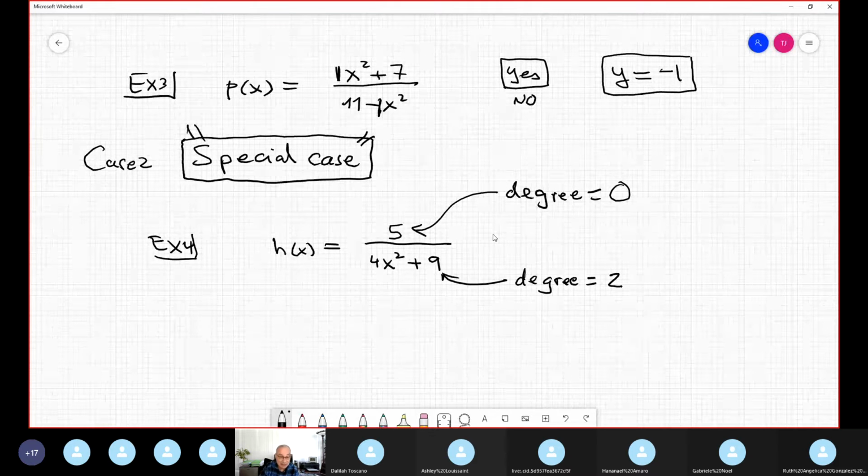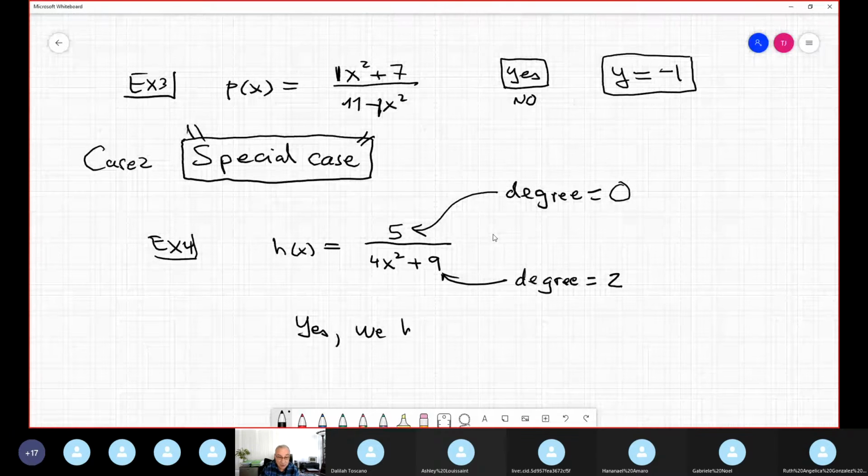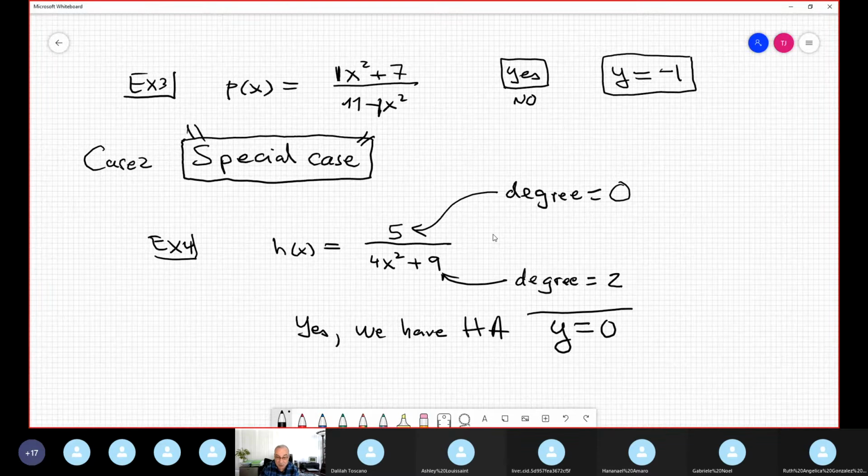In the special case, the answer is yes. We have a horizontal asymptote, but always at y equals 0. The reason is clear: the polynomial in the bottom is increasing super fast, while this one is not increasing, it stays 5, constant. But not necessarily constant. Suppose I put 5x, degree 1 and degree 2.